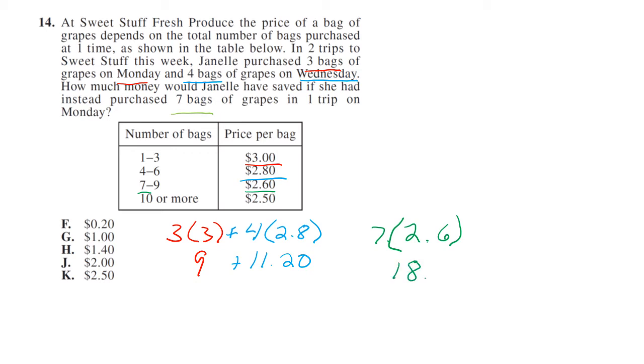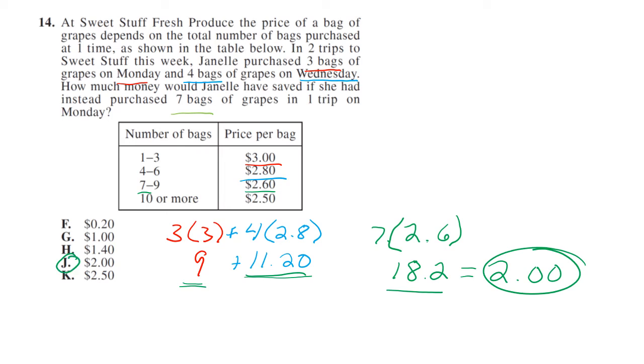It's nice to have a calculator. So we have 18.2 minus 11.2 minus 9, and that equals $2. She would have saved $2. So your answer is J. It's a terrible looking J. J.